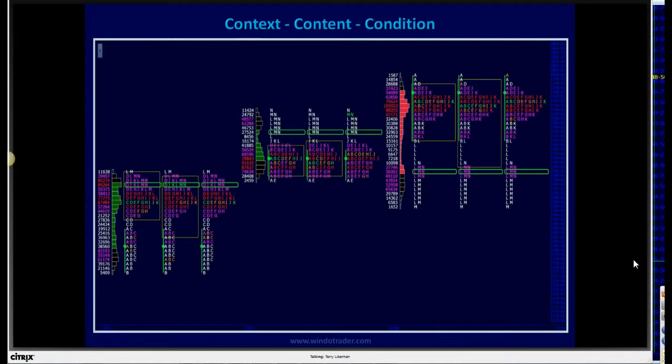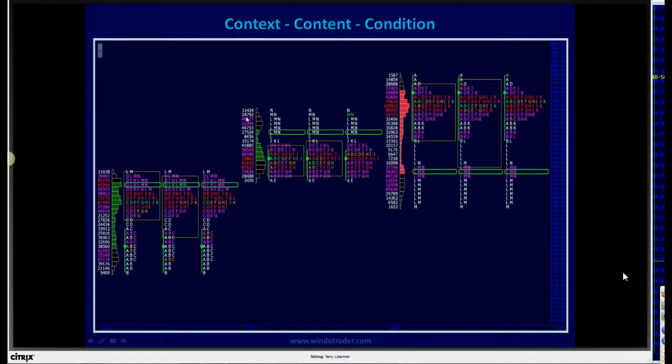This third profile, interestingly enough, I put the point of control based on average trade size. In other words, where did the largest size trade in that entire session? And what we have is the largest size traded right here.